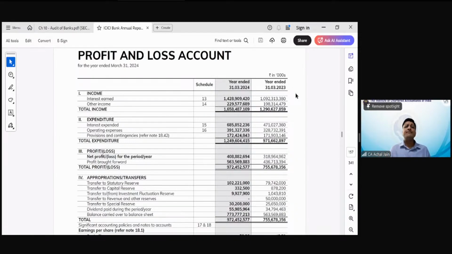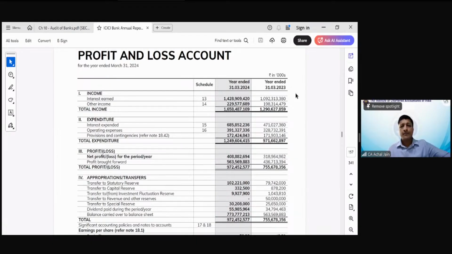Now for a P&L, once again, one, the format is defined. Second, this P&L will again have a couple of components.